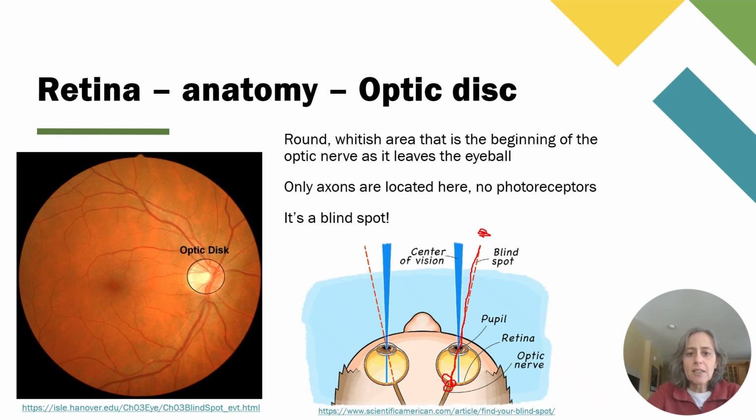Now, of course, if it's an object over there, that means that the light rays coming into your other eye are going to hit a different part of your retina. So you can see it with your other eye, which is why you don't notice that you actually have these blind spots. So we have these blind spots, one on each eye, because the optic disc is located a little bit toward the nose side of your retina. It's for objects that are kind of out to the sides. Okay, kind of cool.